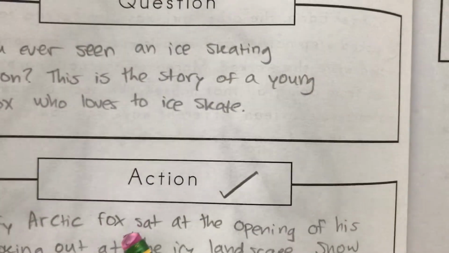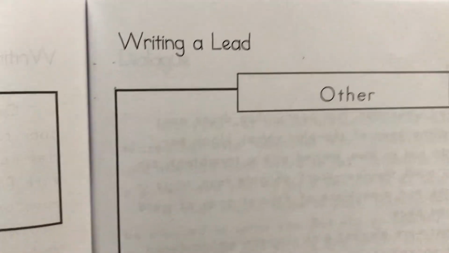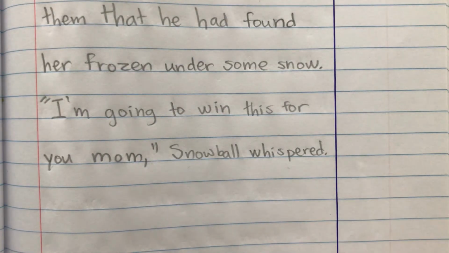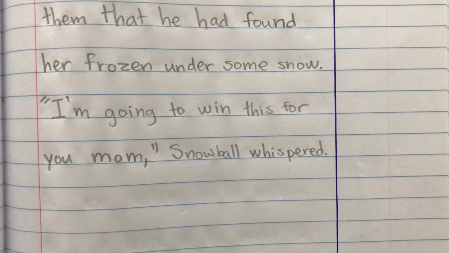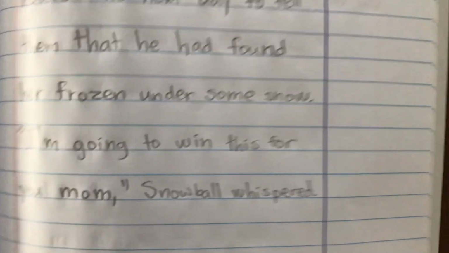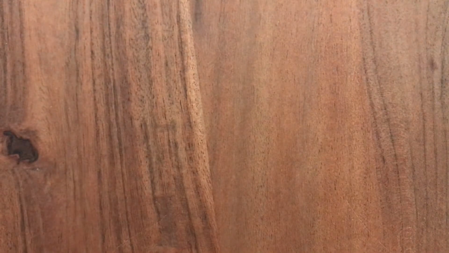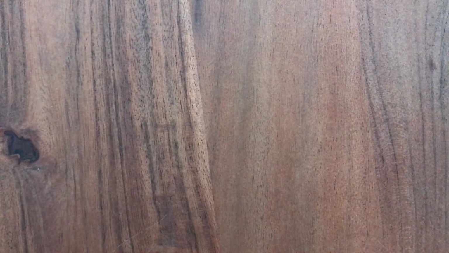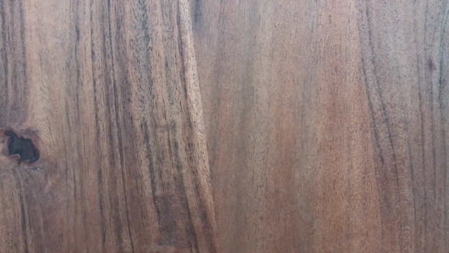I did sound, question, action, dialogue, but you could do sound, question, action, and other. It's totally up to you. So 4 sample leads. Then I want you to revise the lead of your story, and then finally I want you to continue writing for 10 minutes.